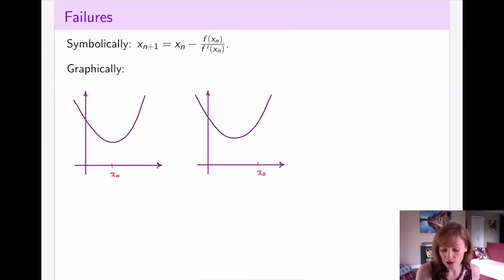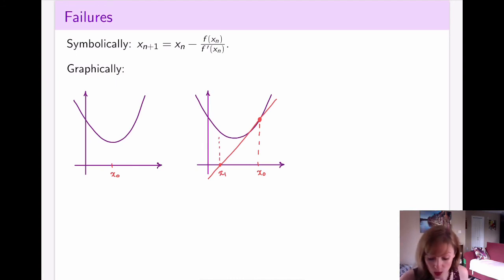The next failure would be an interesting situation like this one here, where I pick x naught, I go up to the function, construct myself a tangent line. Let's say something like this. Let's pretend it's tangent. This is my next approximation, and the method will repeat itself.